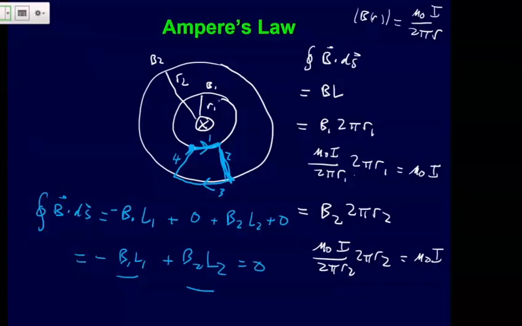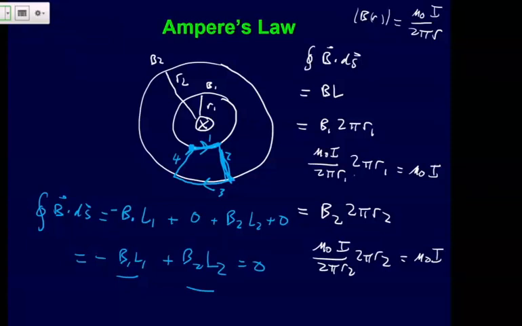Since our current is going into the page, our magnetic field is going in a clockwise direction from your viewpoint. So for path 1, I'm going against the clockwise direction, so I get a negative B times L1. And for path 3, I'm going with the clockwise direction, B times L3.